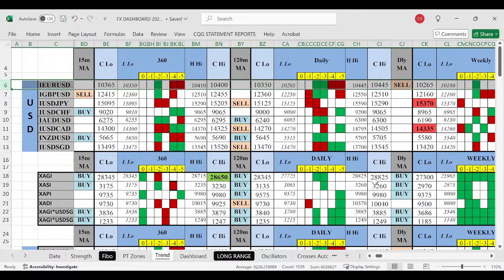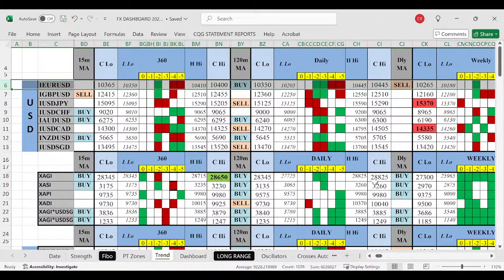The immediate range we are looking for is between 103.65 and 104. What we are looking for is a cautious buy or buy and hold, and expect this 104 to break, and towards 104.45 or higher.